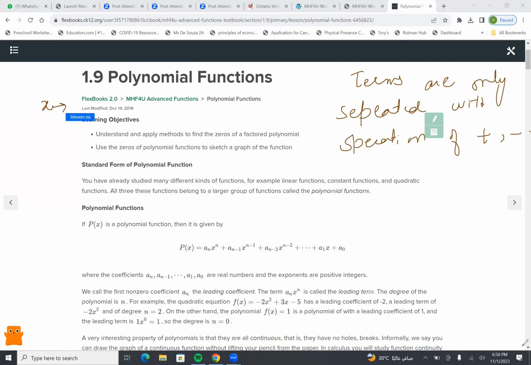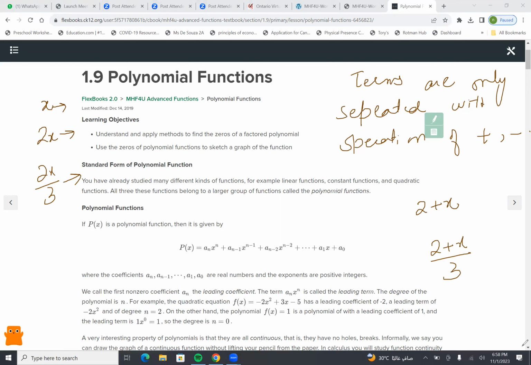I said 2x, how many terms? 1. I said 2x by 3, how many terms? 1. Now I say 2 plus 6, how many terms? 2. If I say 2 plus x by 3, how many terms? 1?